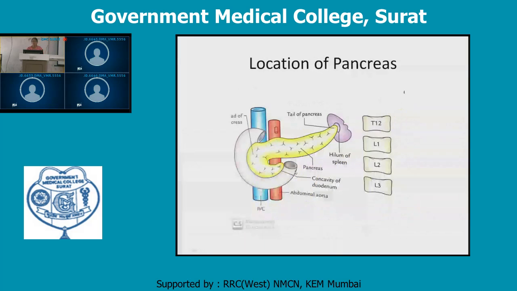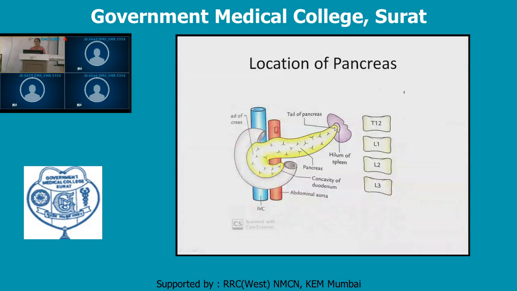Here you can see the location of the pancreas. It is at the level of L1, L2 vertebra. The duodenum was from L1, L2, L3 vertebra. It is located at the level of L1 and L2 vertebra and is a transversely placed organ on the posterior abdominal wall, extending from the C-shaped curvature of the duodenum on the right side to the spleen on the left side, crossing all the structures on the posterior abdominal wall, a transversely running structure, with uncinate process, head, neck, body and tail.